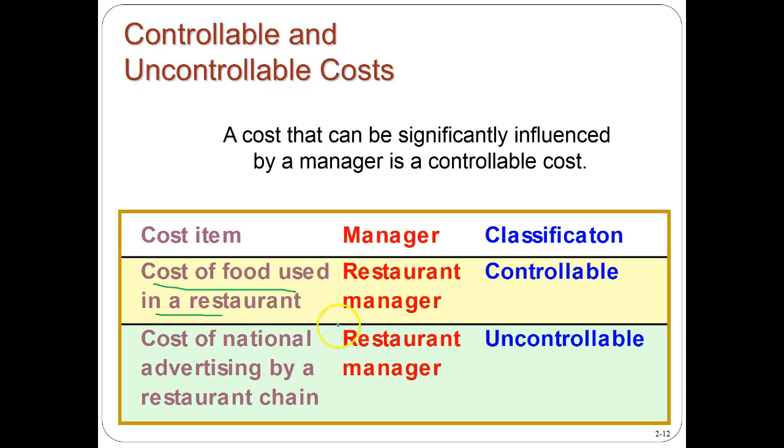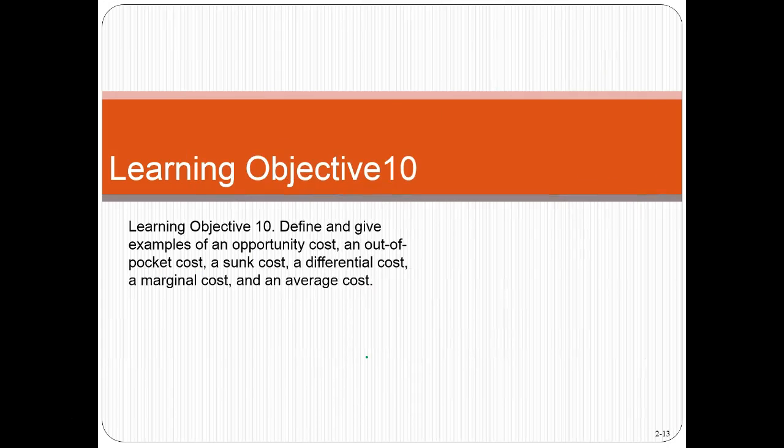The food that we use, we can budget that, we can see it, and the manager should be held accountable for that. The cost of national advertising by a restaurant is something that, of course, the restaurant manager does not have control over. We're going to allocate that cost to that restaurant, but when we assess the performance of the manager, we really should not be taking that into account.